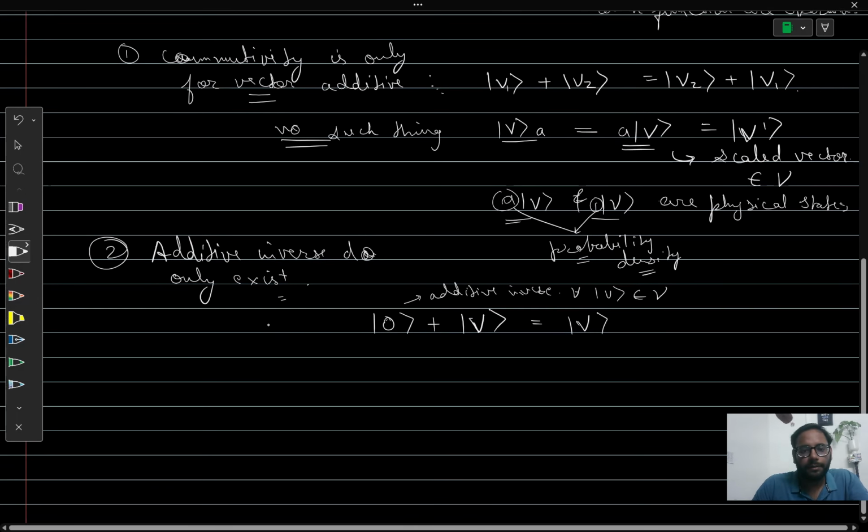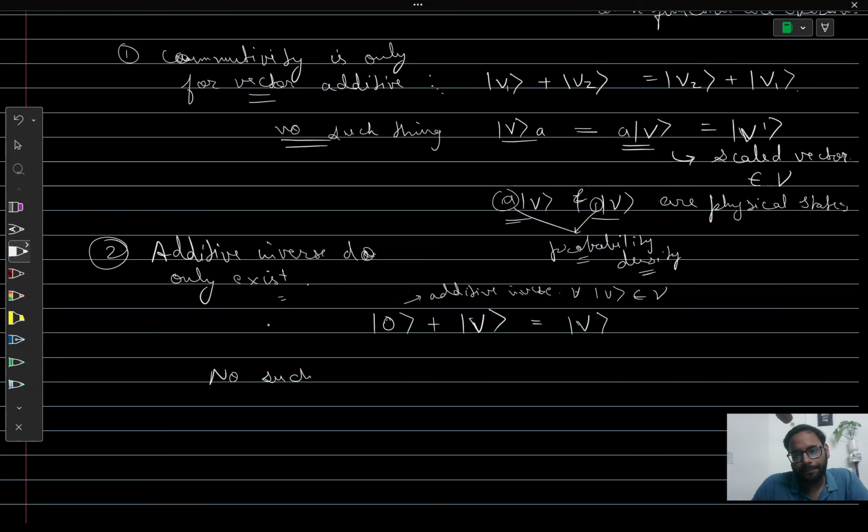And why is there no such thing as a multiplicative inverse? There is no such thing as a vector inverse.